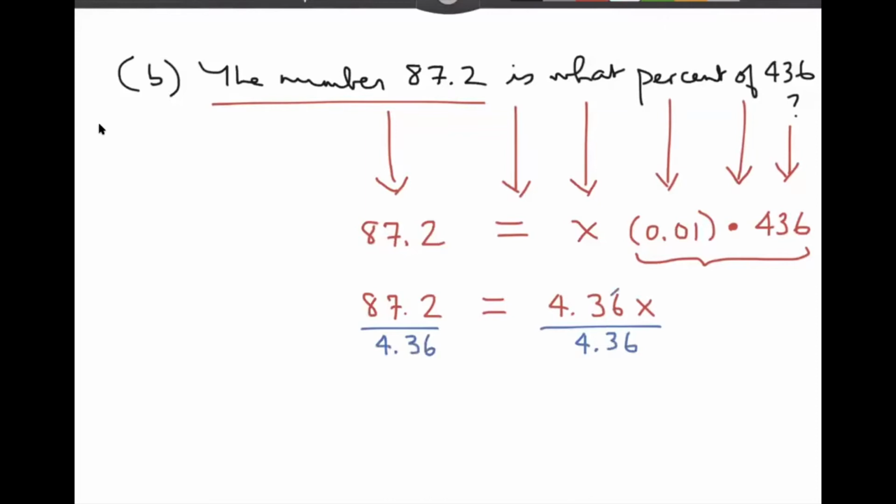And again, use your calculator to figure out what is 87.2 divided by 4.36. I believe it comes out to 20. Yeah, I'm sure that's right. All right, so the answer to the question, the number 87.2 is what percent of 436? The answer is 20%.